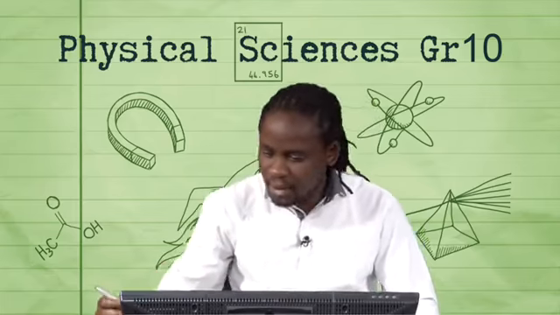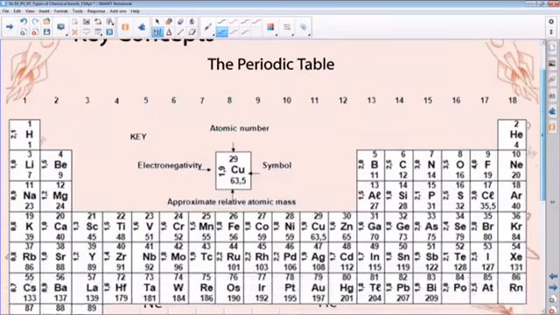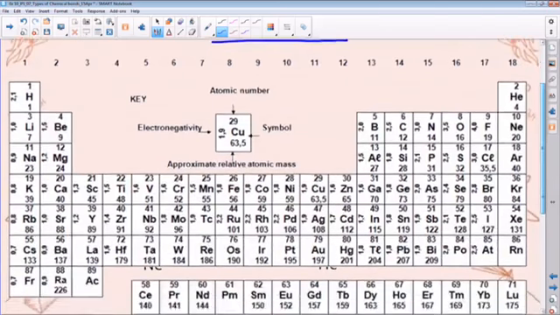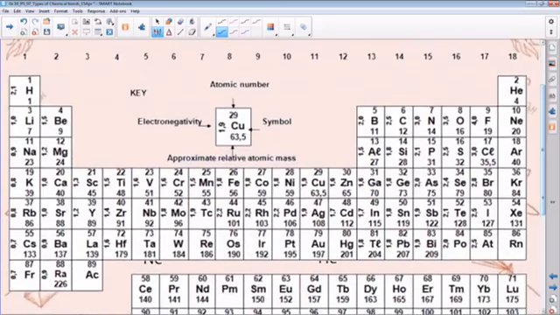Now, the periodic table, like I indicated, becomes a very important aspect of today's lesson. I would think of the periodic table as the Bible of our chemistry, because there's nothing that we can do without it. As you can see, there are 18 groups in total, and the groups are the vertical columns. They represent the groups, like, for example, group 13, group 18, group 1, group 2.